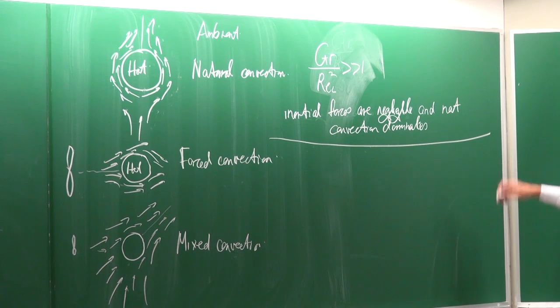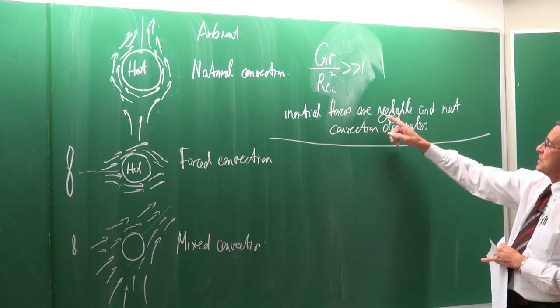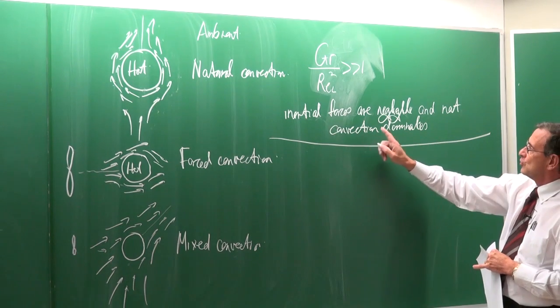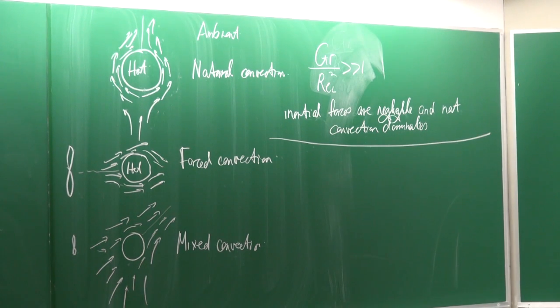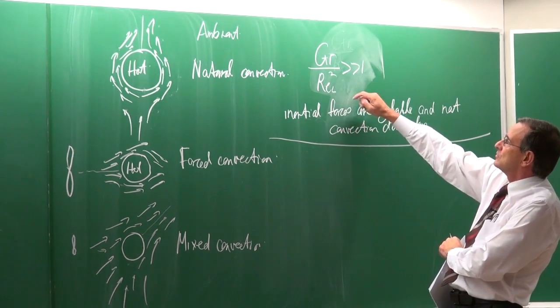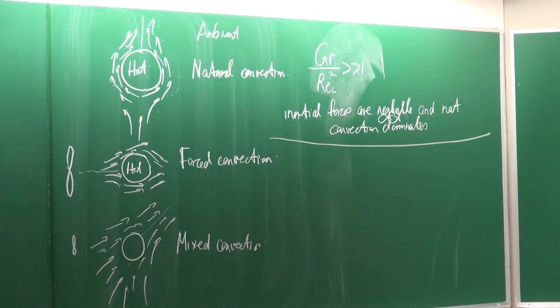Okay, so if you can't read it, the inertial forces are negligible and the natural convection dominates. So that is the first category of problem, and that would be the case for when the Grashof divided by Reynolds square is much larger than 1.